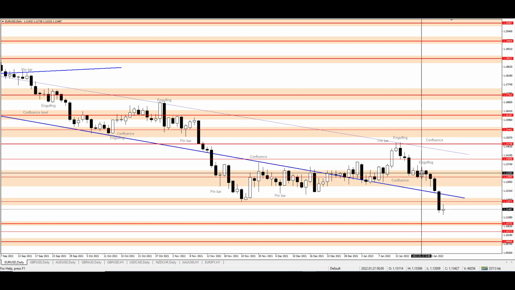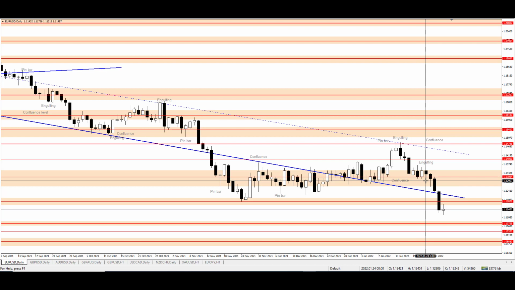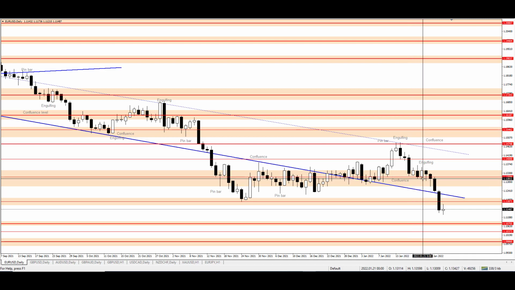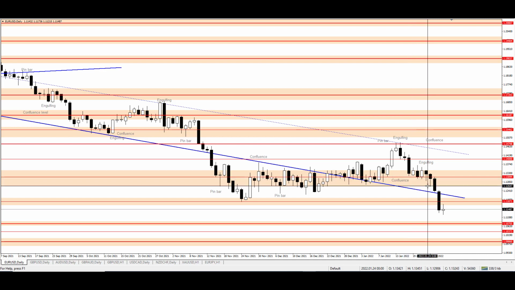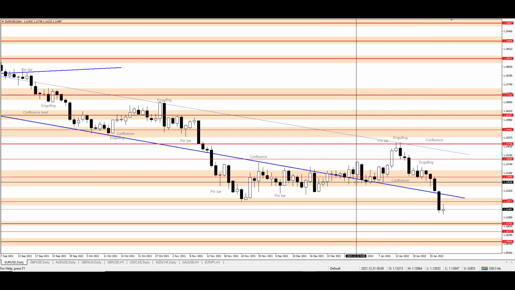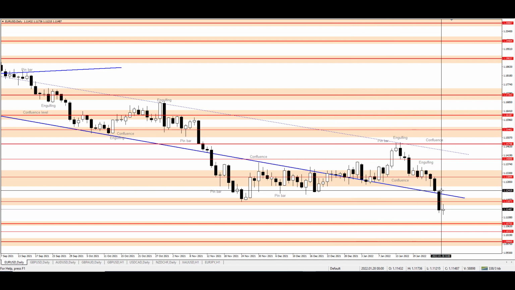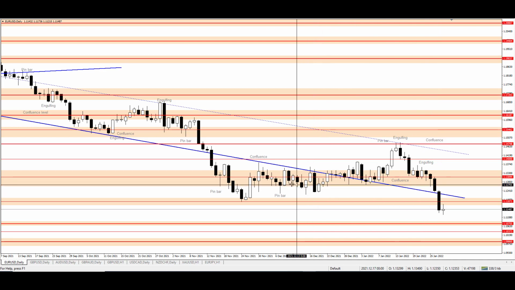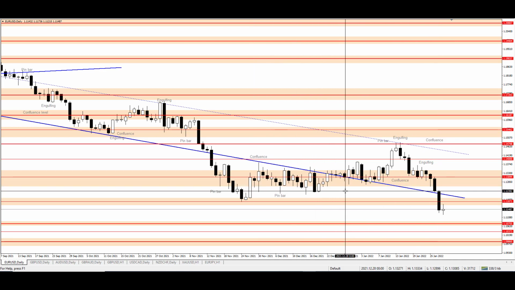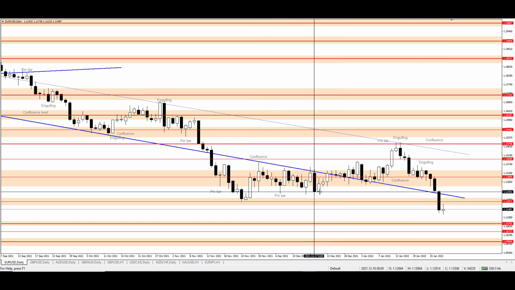What you can see is that the price this week has broken several low levels. The first one was here, broken on Monday with a wick that broke below these low levels. Then the second one was on Tuesday, where the price broke below these low levels, and on Wednesday the price reached below these low levels and stopped here at the previous low levels of these candles.